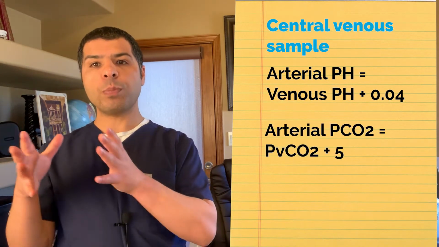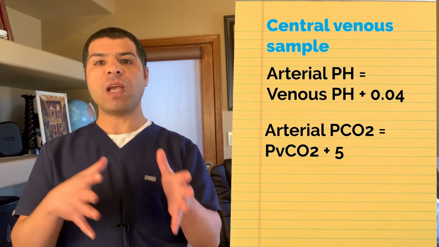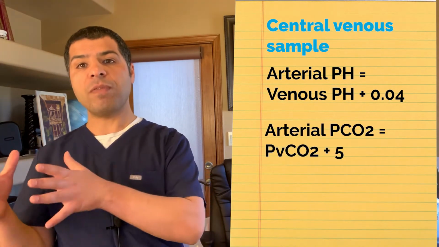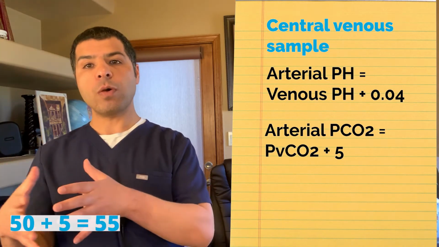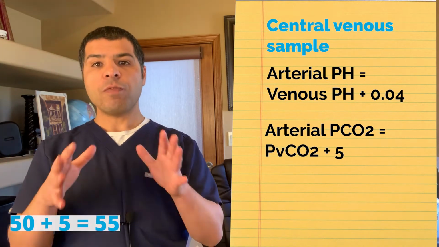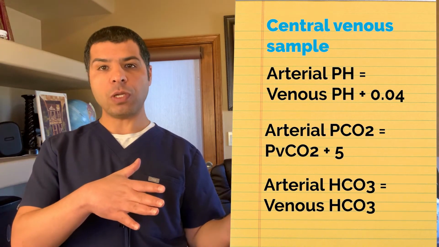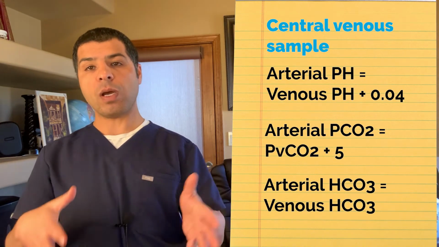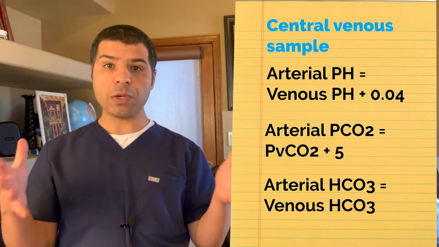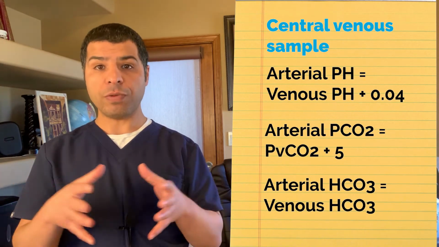Arterial PCO2 equals PvCO2 plus 4 to 5. I usually pick 5. So if PvCO2 is 50, then the PCO2 will be 55. For bicarb, there is no need to adjust when the sample is obtained from a central venous sample. So if the bicarb is 15, then the arterial bicarb is usually around 15 as well.